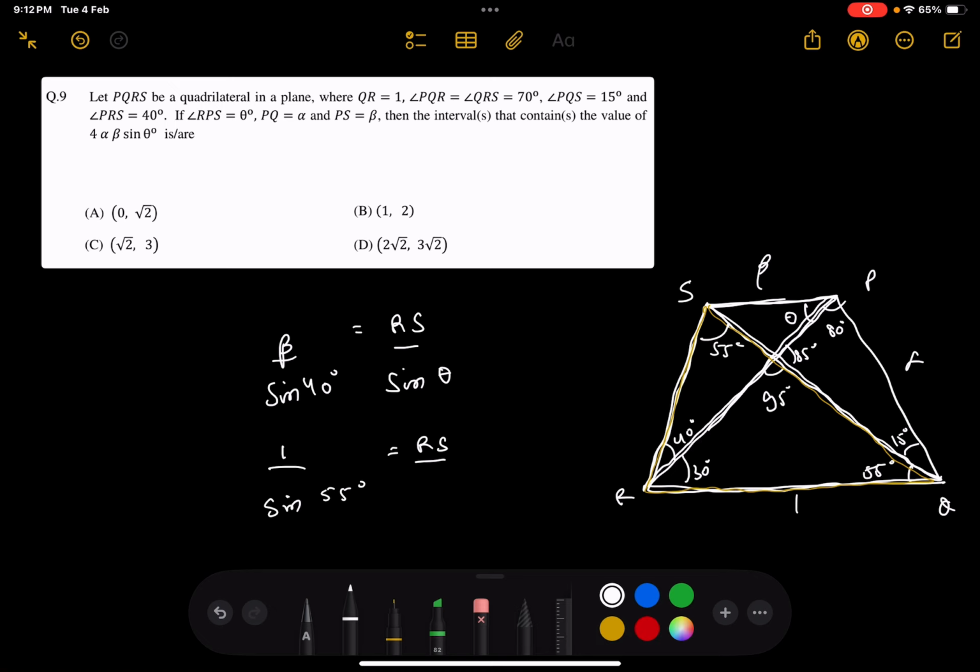So RS is also 1. This is an isosceles triangle. So RS is 1. So that gives us beta sine theta equals to sine 40 degrees.